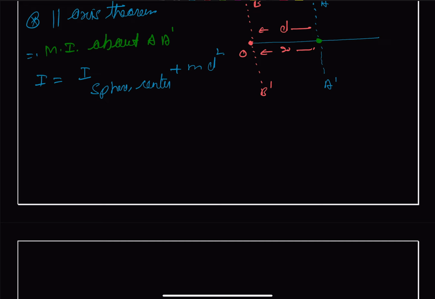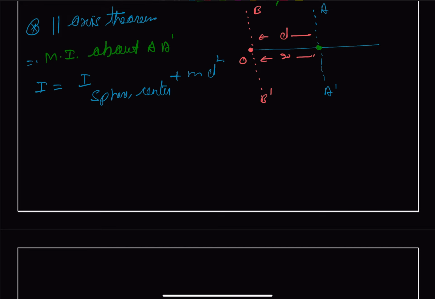And we simply substitute the values. We get 0.008 plus 2 times 0.2 whole square.